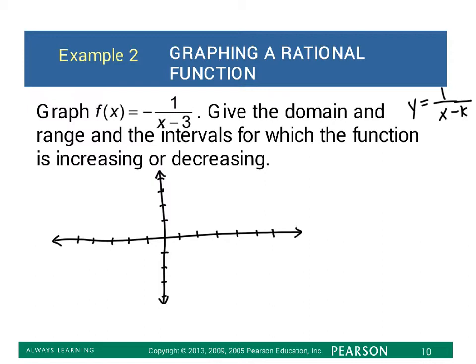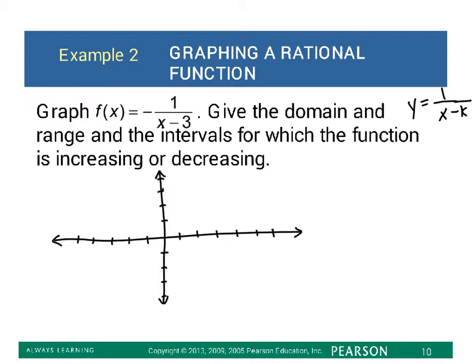So if we subtract a number from x, in this case, that is going to shift our whole graph over however many k units you have. So for this one, it's going to shift even our vertical asymptote that we have along our y-axis.